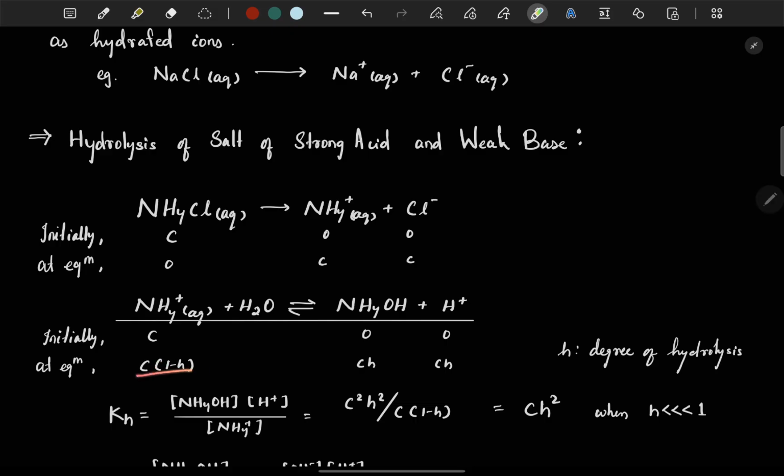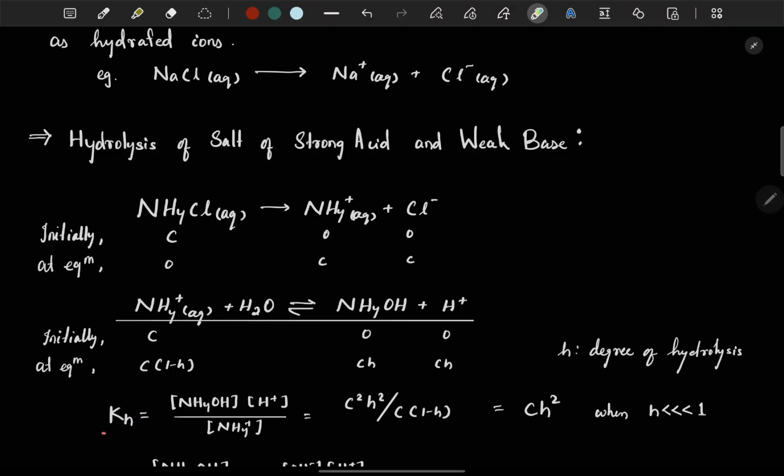So if this is C(1 - h), that is, Ch amount of NH4+ ion reacts with water to produce NH4OH, that means it will produce Ch concentration of NH4OH and Ch concentration of H+ ion, or we can say NH4+ combines with water molecules to produce H3O+ ion. Both are same, and here h is the degree of hydrolysis.